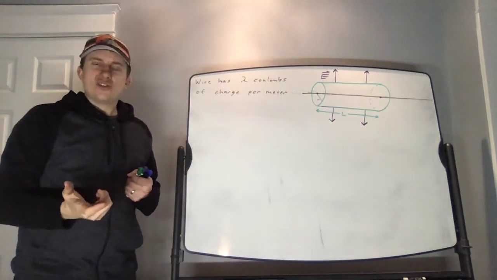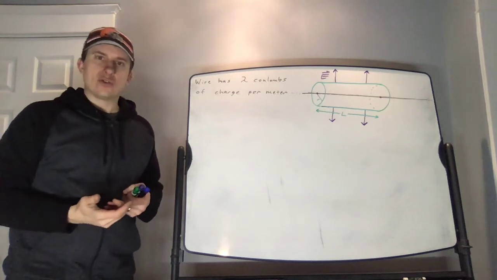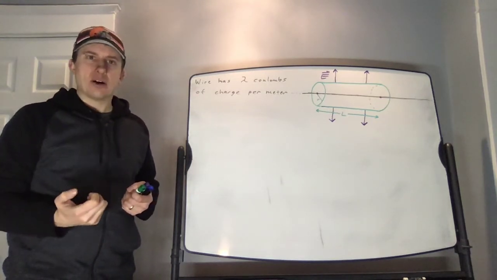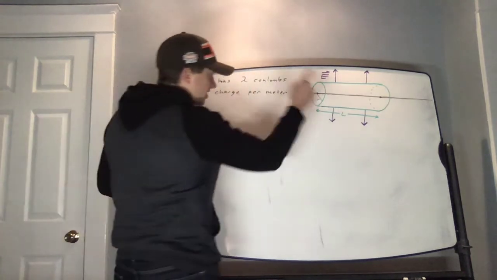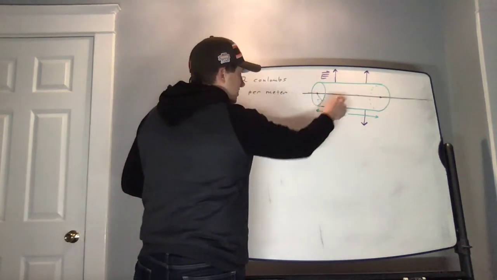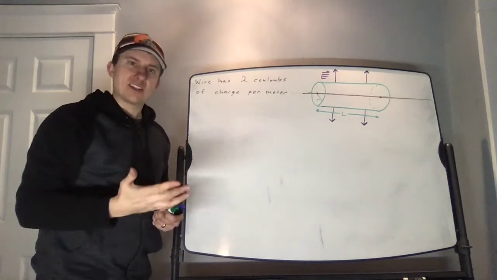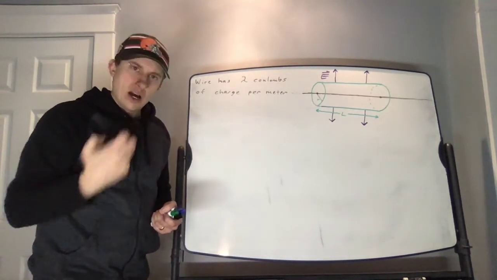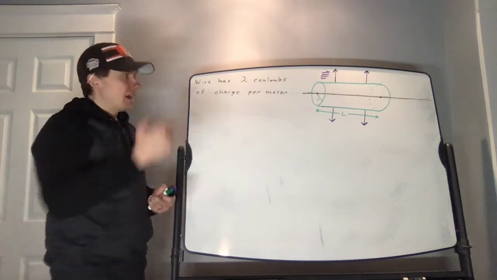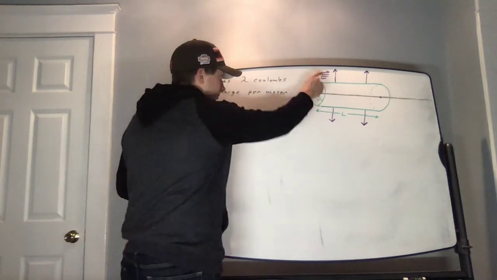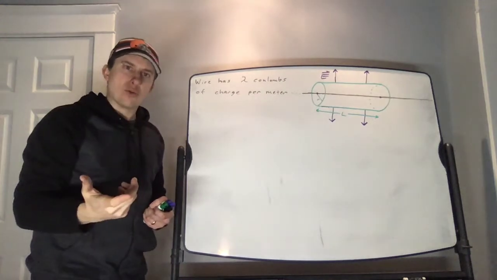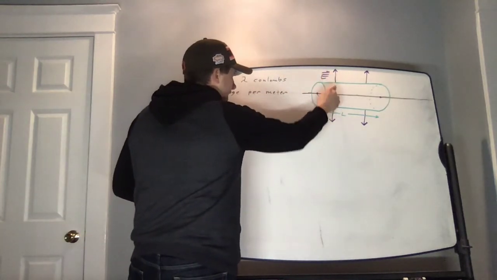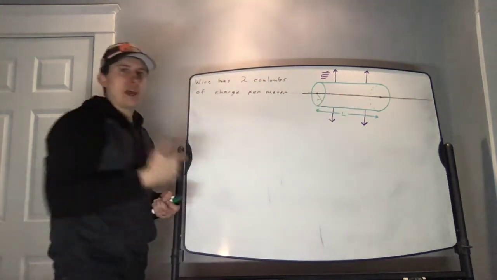Why did we choose a cylinder as opposed to a different shape? One beneficial aspect of a cylinder is, notice that every point on the side of the cylinder is the same distance from the wire based on how I drew this. A consequence of this is if the electric field depends on the distance from the wire, then the electric field at every location on the side of the cylinder will have the same strength.